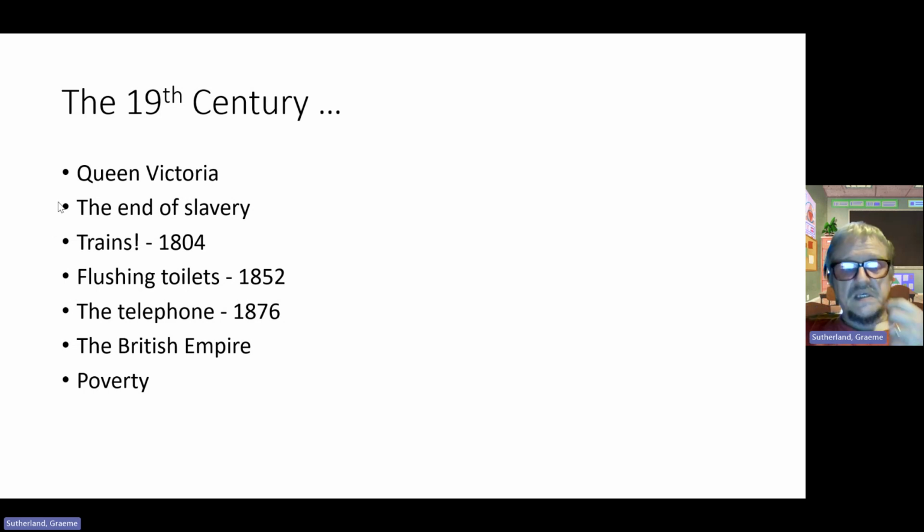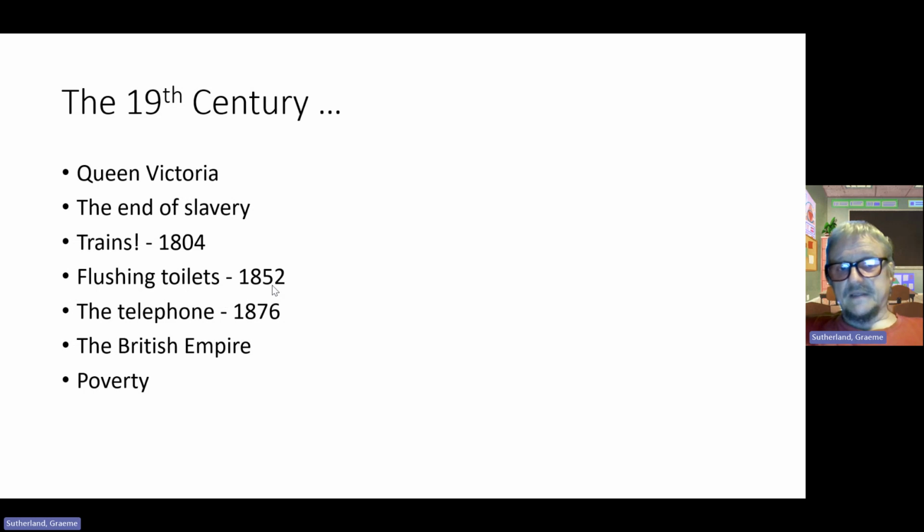We started to see the inventions and the technological changes that make the modern world in which we live today. Fast travel, trains were running for the first time in 1804, and by the end of the 19th century you could get around the country really quickly and cheaply by train.